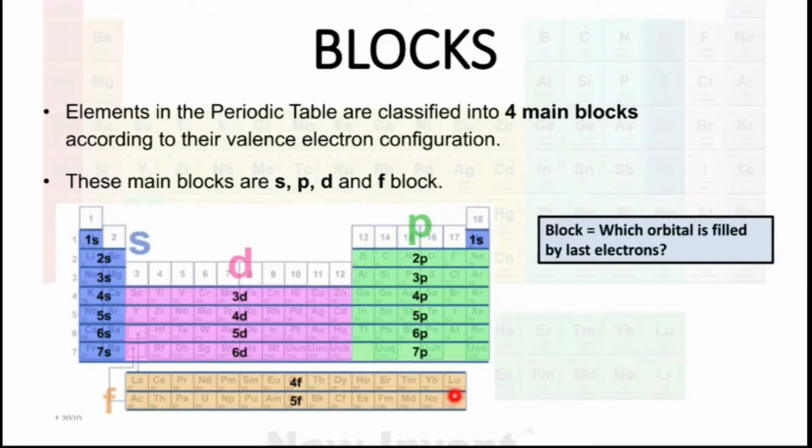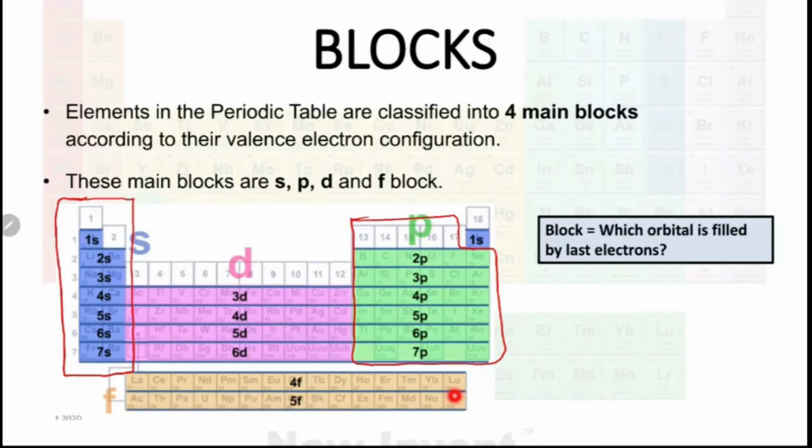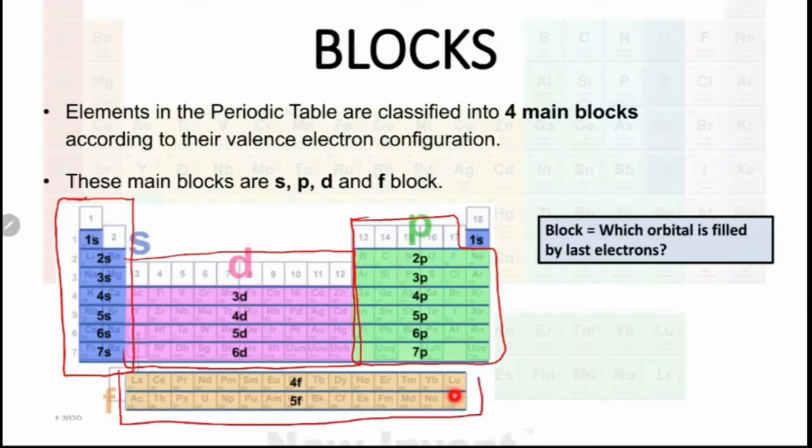So where is the position of the S block? Here, you will see the blue one. That is the position of the S block elements. And then we have the P block elements here. And then we have the D block elements. And the last one is the F block elements.